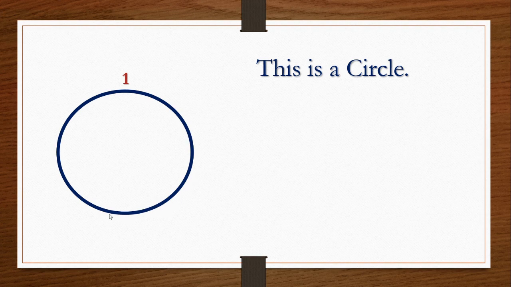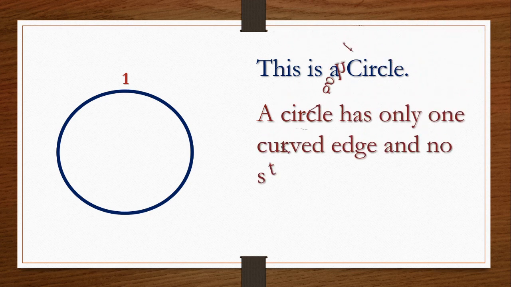It is curved, isn't it? It is round, it is curved. Correct? So we can write here, circle has only one curved edge and no straight side. Straight means, you know, in a line, right? Straight line. You know that, right? Yes, no straight side is there. We can see only one curved edge. Remember this? Okay? Circle has only one curved edge.